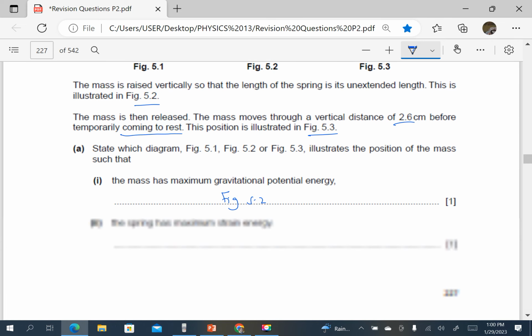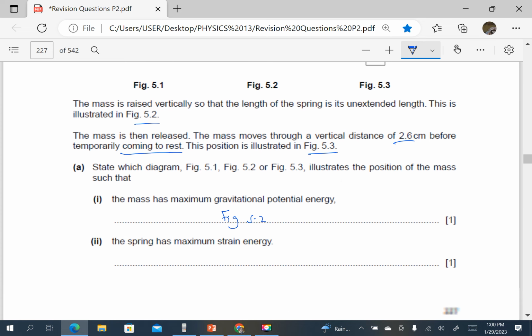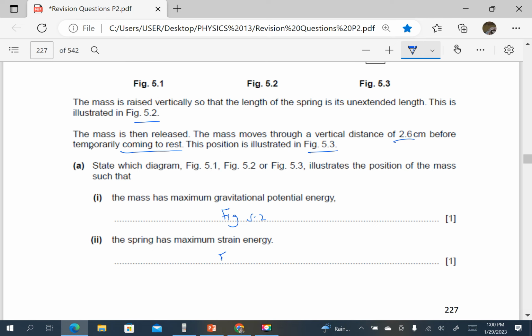Then the spring has maximum strain energy. That is when it is stretched fully. Strain energy is stored when the material is stretched, so that is going to be in figure 5.3, because it has the greatest extension.